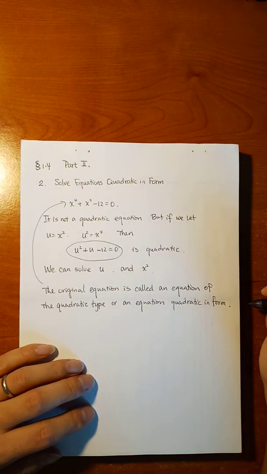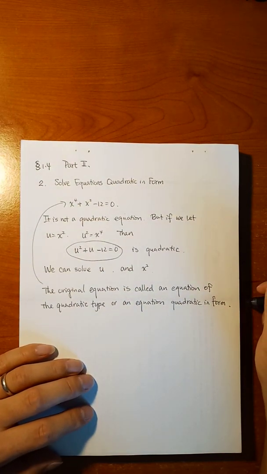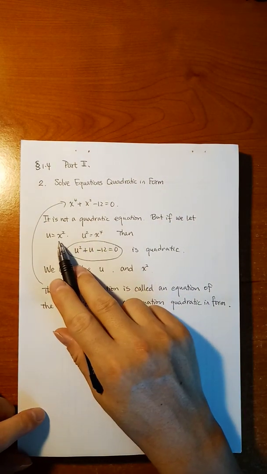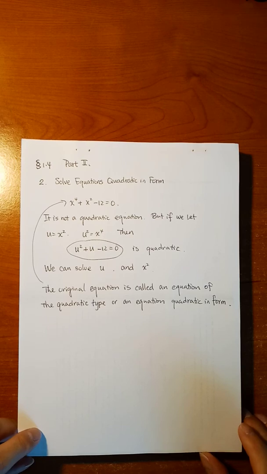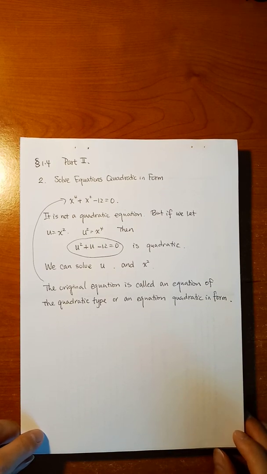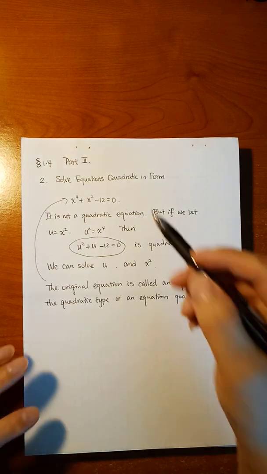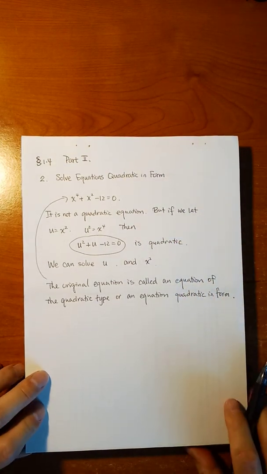Equation quadratic in form or quadratic type. So if with a proper substitution you can simplify the equation into a quadratic equation, then this is a quadratic type. The second part is to discuss this.